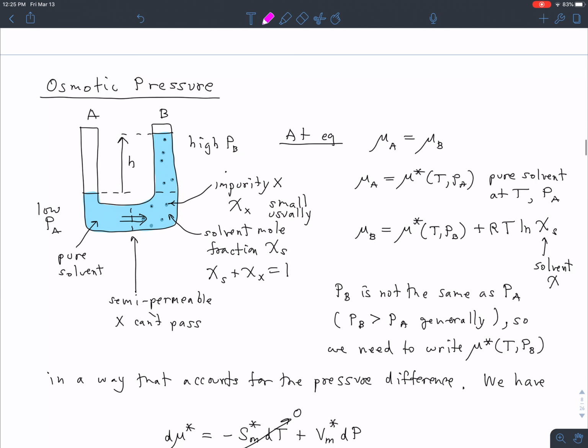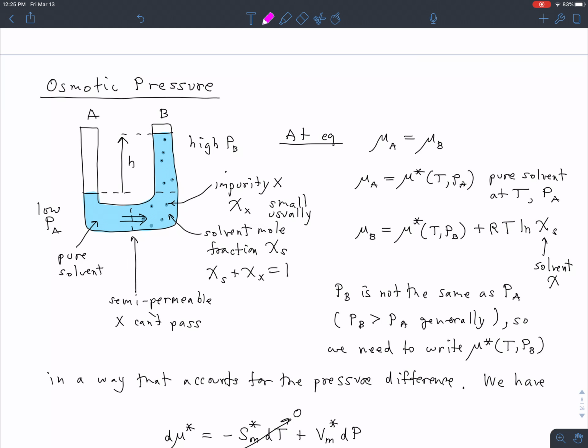All right, next topic, osmotic pressure. So in this case, we have a fairly unusual setup, not that unusual. Lots of living things have situations where osmotic pressure applies, but unusual compared to the kinds of things we've considered before.